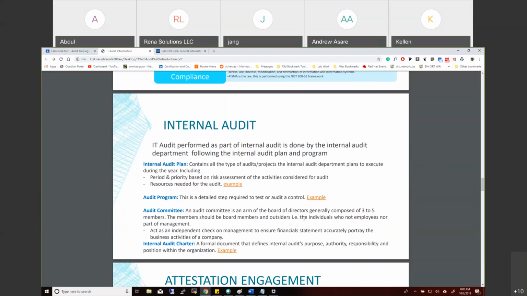Would that be in between the audit program and the internal audit plan, somewhere in between there? What do you mean, somewhere in between there? If you have an internal audit plan, you basically have all the IT projects that we have for this year, correct?